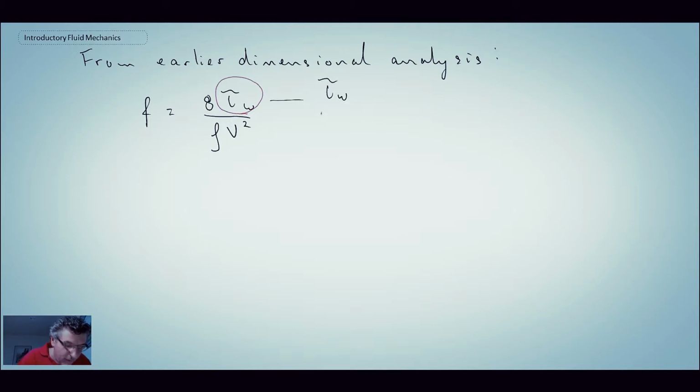I will also use the expression for U max. I will use the fact that V, the average velocity, is 1/2 of U max. And finally, I'll use the fact that the diameter, little d, is 2 times the radius. And with that, we can rewrite this expression.